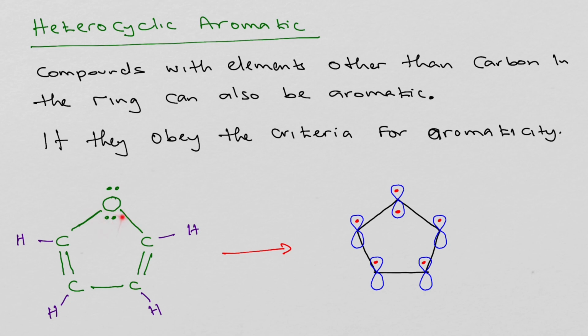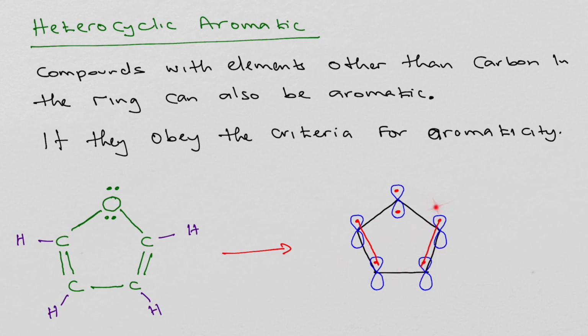So that's 1 lone pair filling that p orbital. And this carbon has 1 p orbital with 1 electron, and they will form a bond. That's the double bond. Likewise, these 2 carbons will form a double bond here.